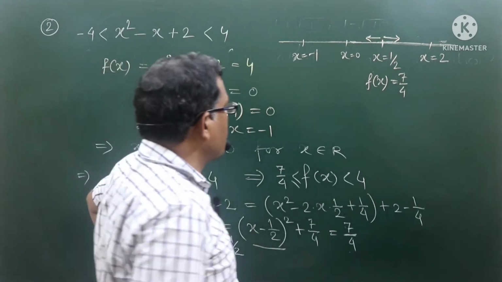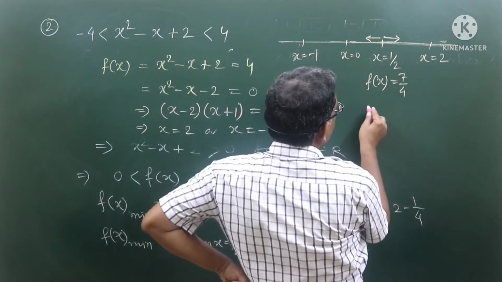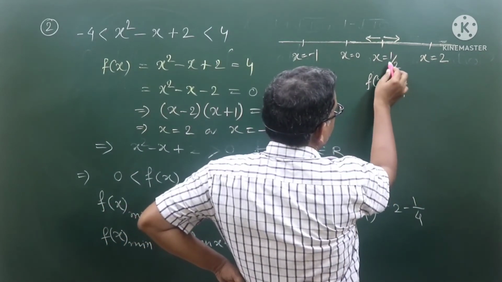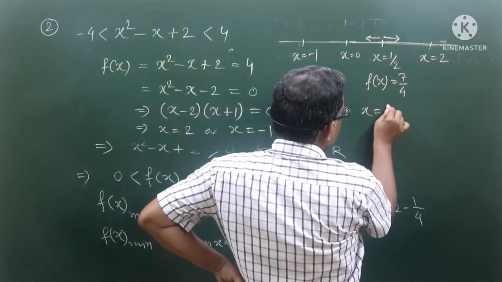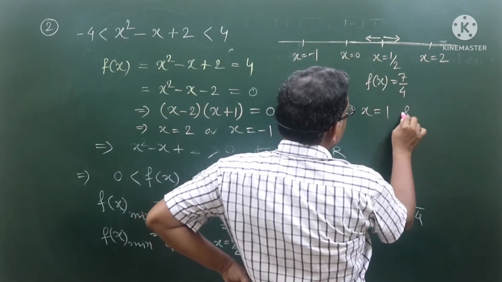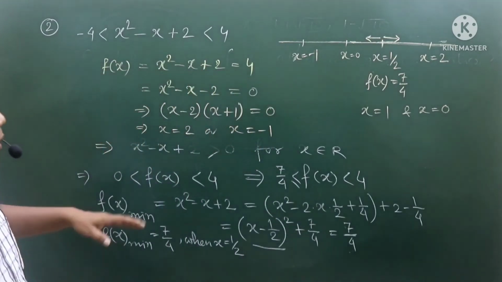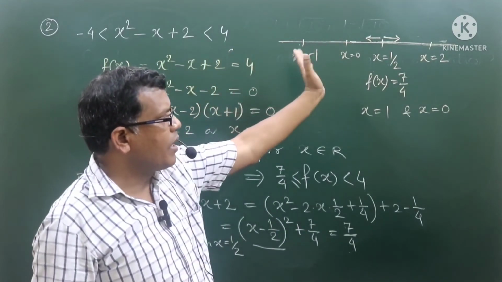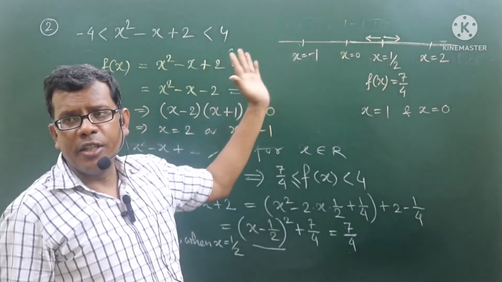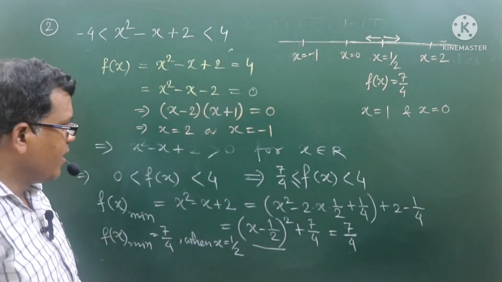Just substitute two such values. Suppose here it is half, check it at x equal to 1 and again at x equal to 0. You will get your answer, because plus 1 is to the right side of half and 0 is to the left side of half.